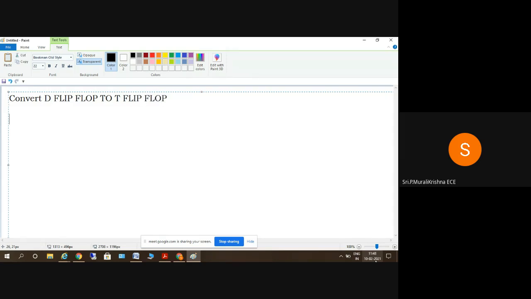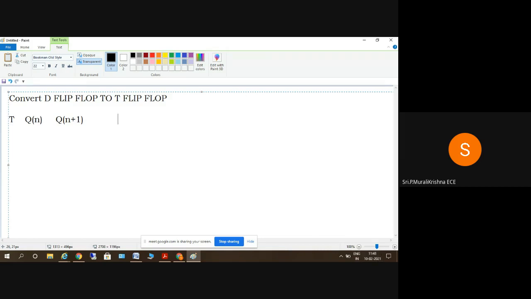Okay, so first of all, the truth table of the T flip flop. So T, Q of n, next Q of n plus 1.